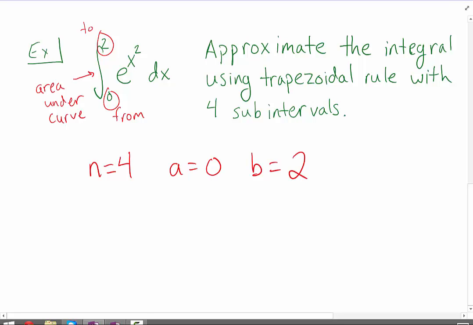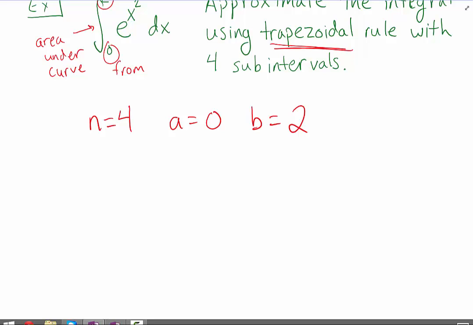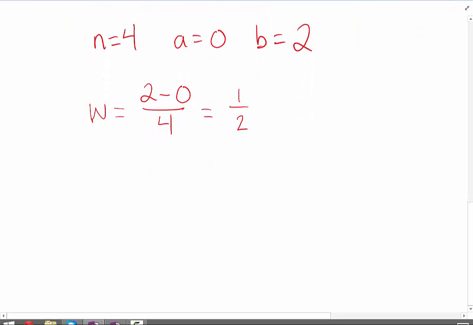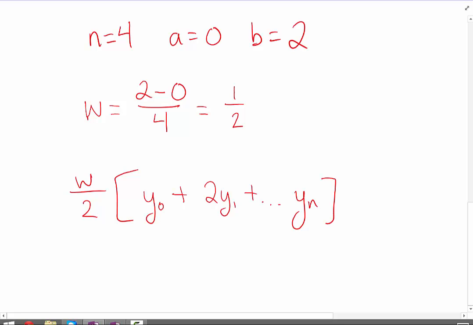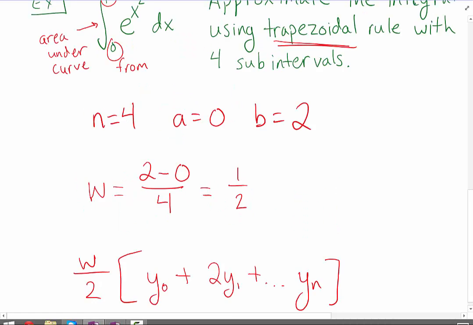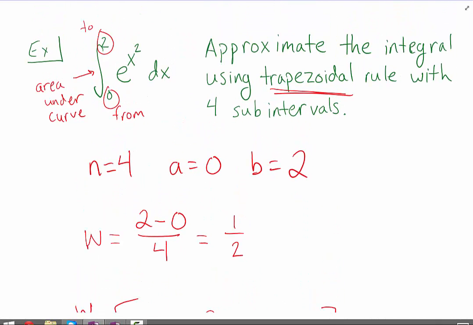So using the trapezoid rule, we know that w, that width, is equal to (2 minus 0) over 4, which is going to be a half or 0.5. And then my trapezoid rule, remember, is w over 2 times y0 plus 2y1 plus all of those guys until we get to the endpoint. So we know that we're counting by 0.5, so we're going to do f of 0, f of 0.5.